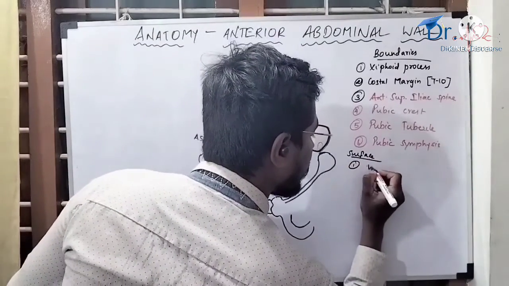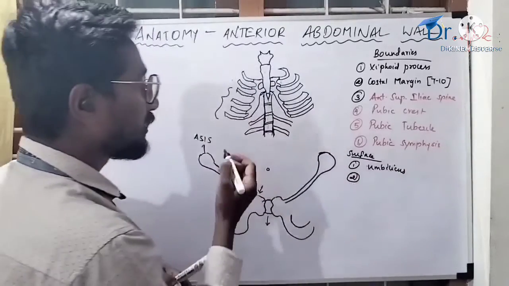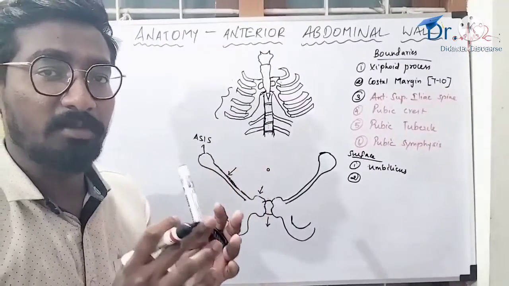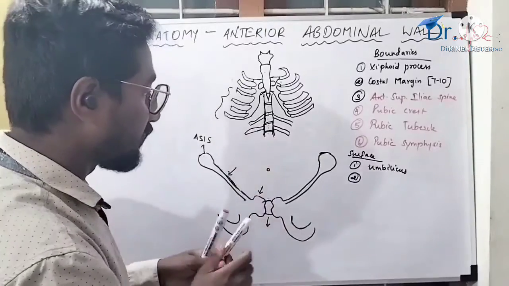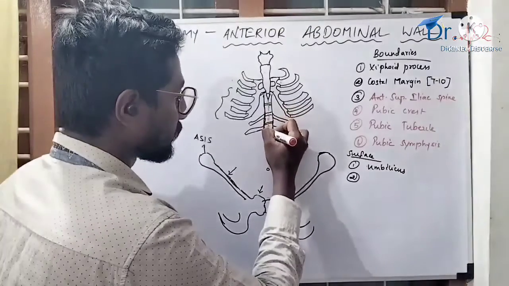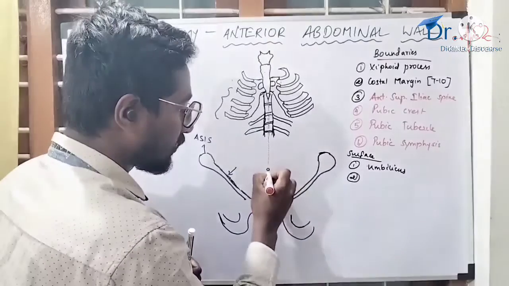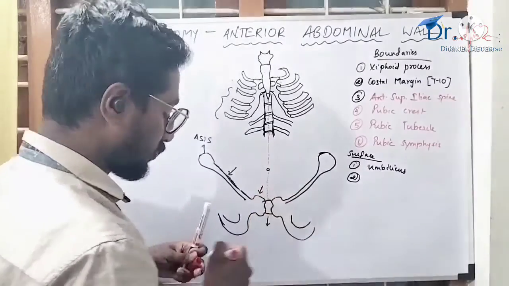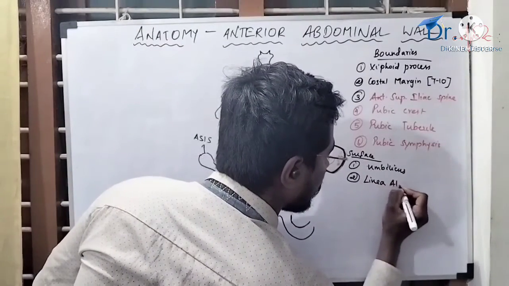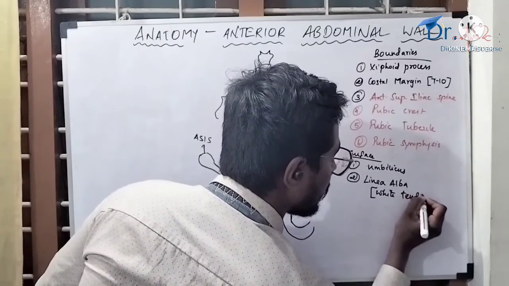So the surface boundaries are the umbilicus, and then you have a line, the white tendinous line called the linea alba, which runs from the xiphoid process until the pubic symphysis. So that line is called the linea alba. It's a white tendinous line.